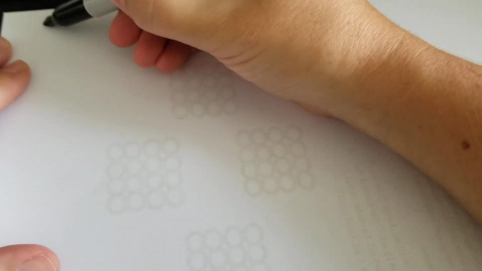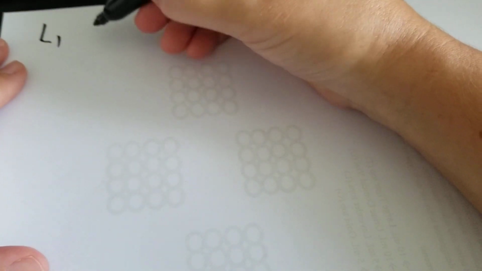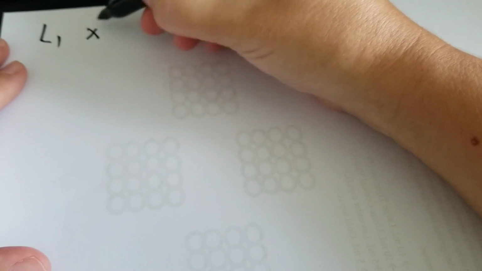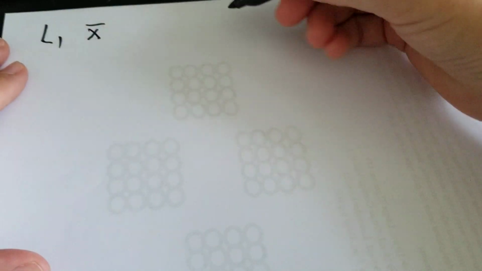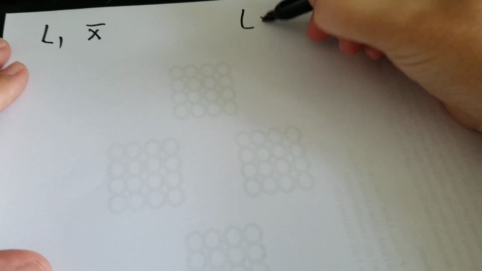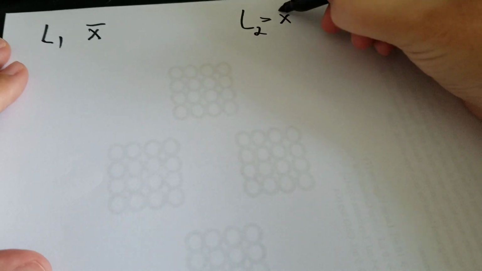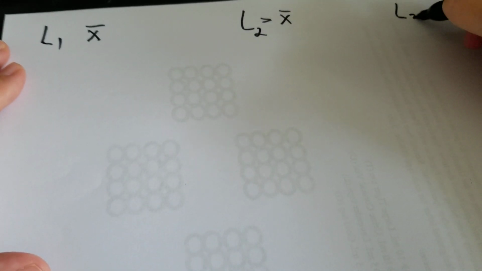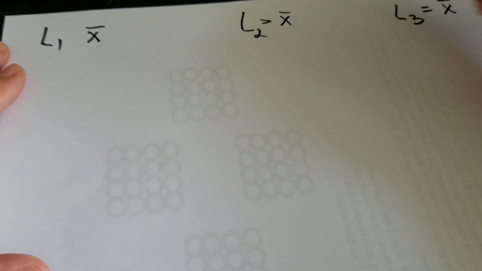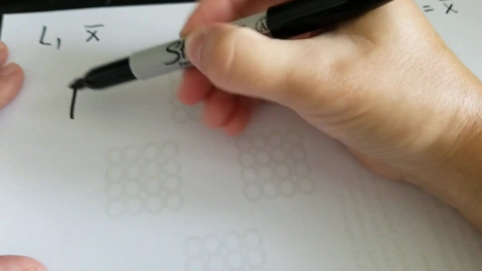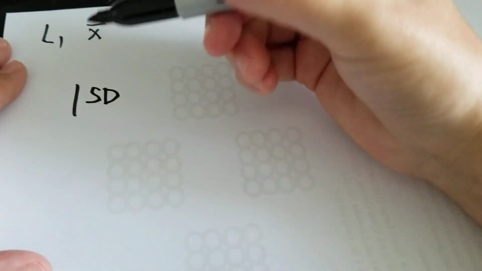So within each level, you're going to be testing for what's called the mean, okay? And then you're also going to be testing for one standard deviation.